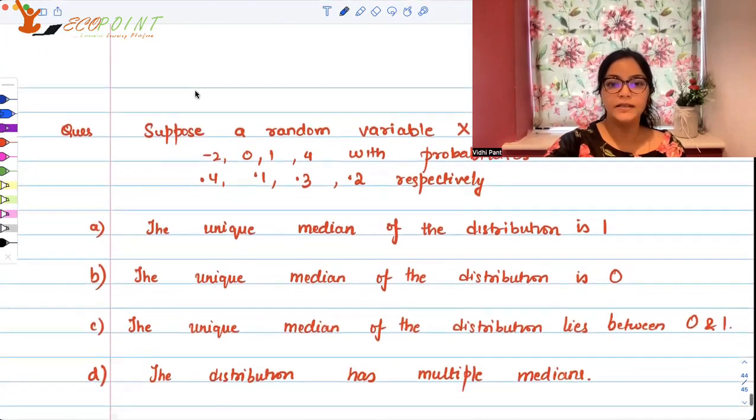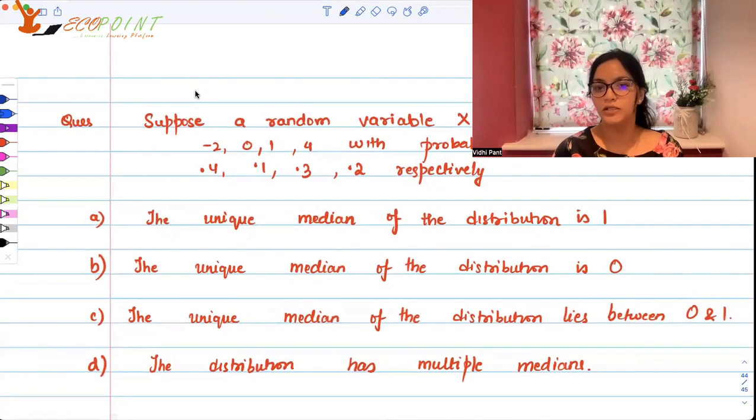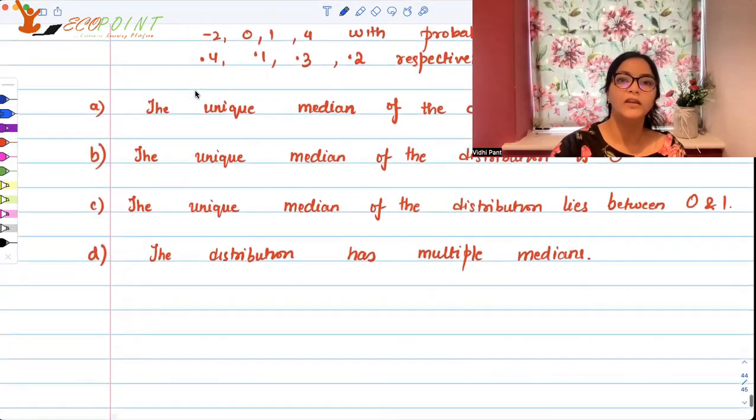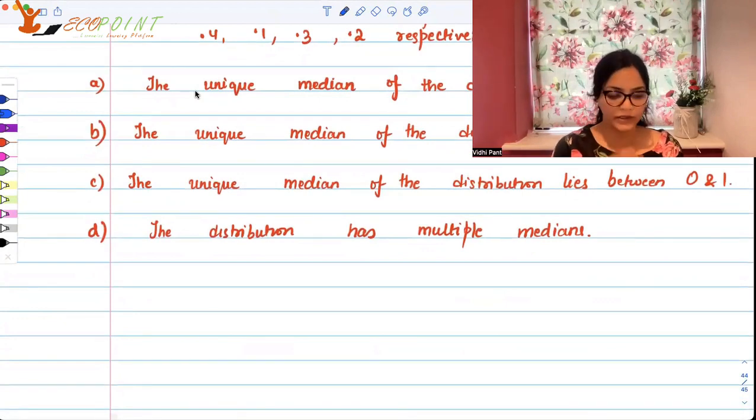Then in that case, the unique median of the distribution is 1. The unique median of the distribution is 0. The unique median of the distribution lies between 0 and 1. The distribution has multiple medians. Okay. So what would be the correct answer to this?